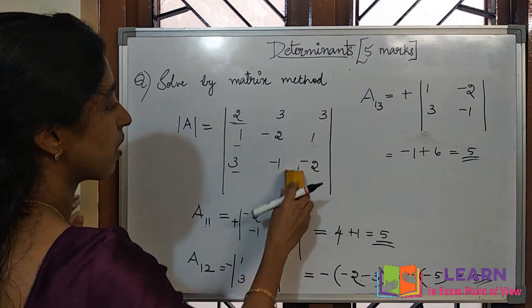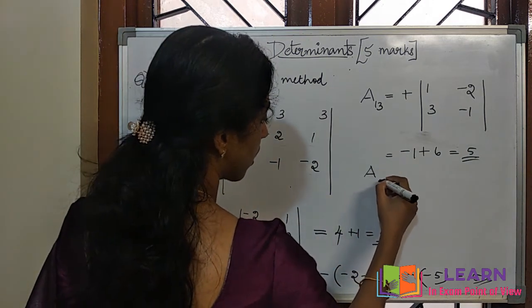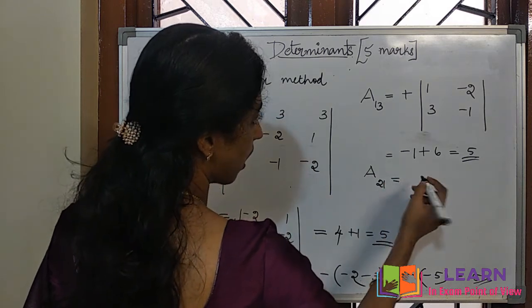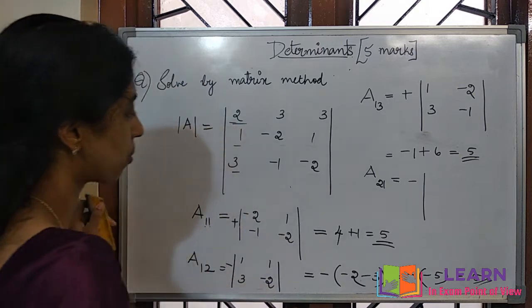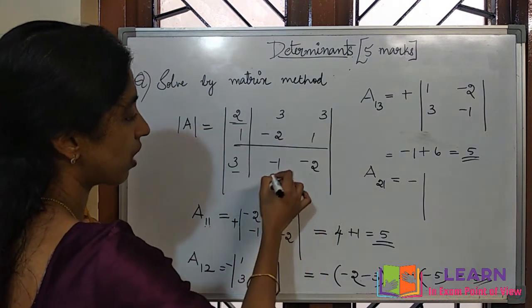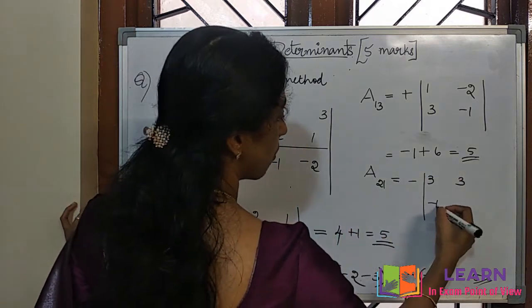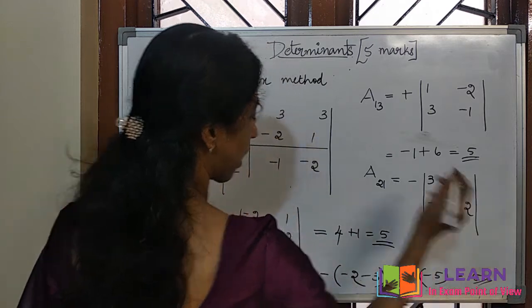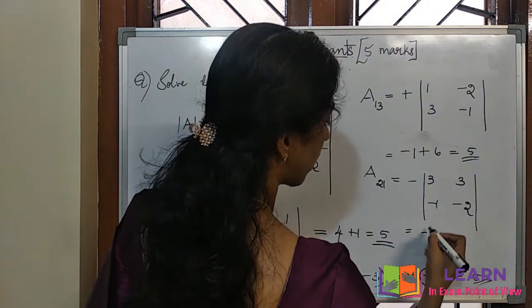So in the next row we have A21. A21 means it's 2 plus 1, an odd number, so the negative sign will come. So just hide its corresponding row and column. We have 3, 3, -1, -2. So on solving this we have negative.